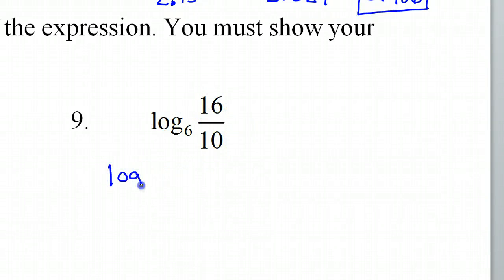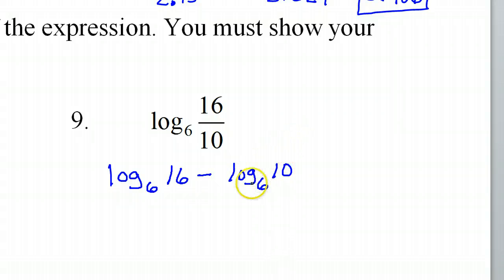So this would be the same thing as log base 6 of 16 minus log base 6 of 10. Now remember, this log base 6 of 10, we already have a decimal for that. So we wanted 10s and 4s. So now this 16, I need to make a 4 out of that. So this would be log base 6 of, of course, 4 squared.